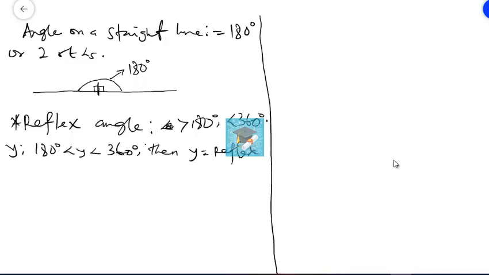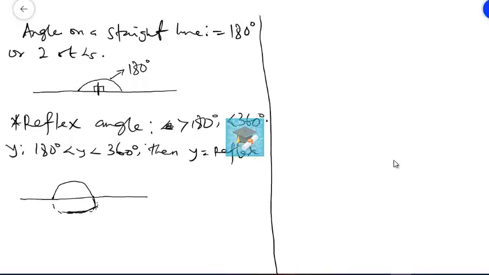So it means that angle Y would be greater than 180 degrees. So let's say we have 180 degrees here. It will be greater than 180 degrees. But you know that if we have angle 180 degrees here, then another angle of 180 degrees in the opposite direction will make the total angle 360 degrees.